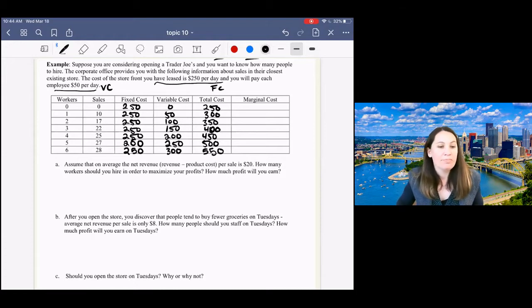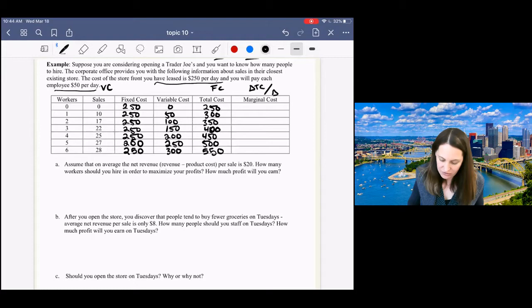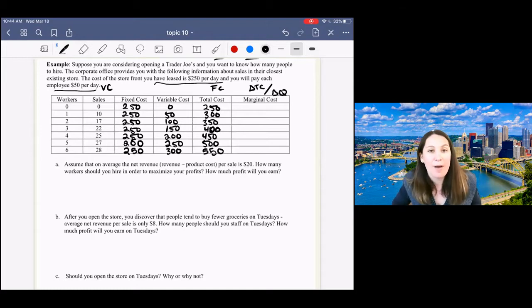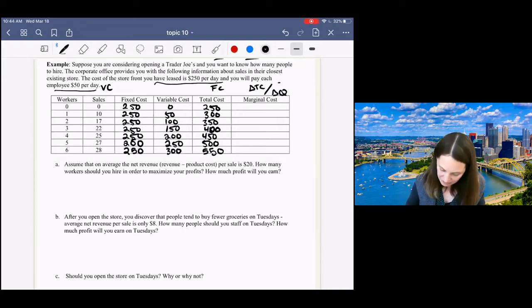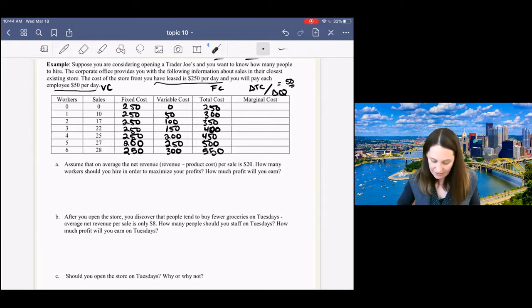All right. Now, the most challenging calculation is marginal cost, but it's really not that bad. We've got change in total cost over change in quantity. And remember that the change in total cost will always be equal to the cost per worker. So our change in total cost here is $50. And you can see that, right?